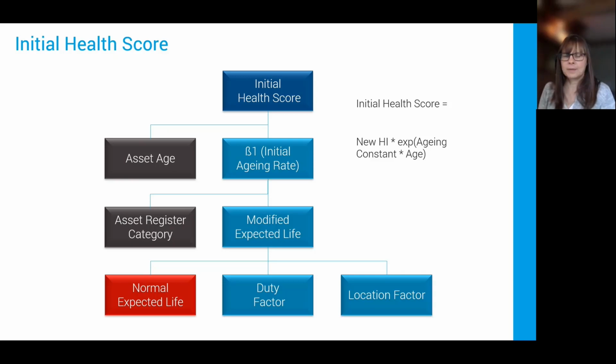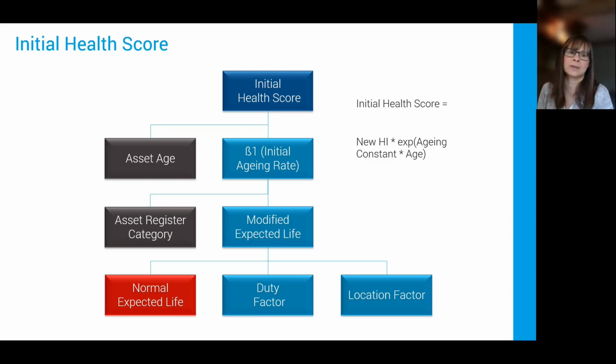So for this switchgear, we would look at the different asset register categories and whether there has been a moving portion replaced or not. That's the other aspect that's looked at. And then for each unique combination of that, we've identified a normal expected life. And this isn't the point to the end of life. This is actually to a point of a health score of 5.5.